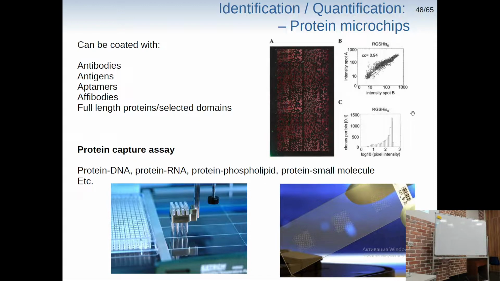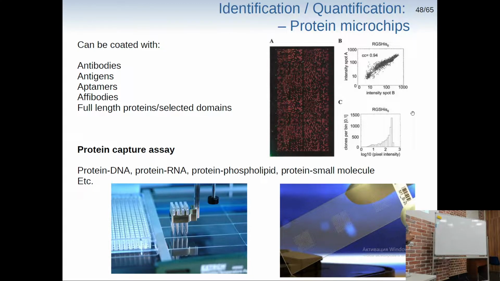As you can see, there's just a 3D printer which has some special holder for pins. Those pins are put in solution and then just make some prints on your slides. Then you can get another set of pins, another set of solution, and so you can print such microchips by yourself. Afterwards, we can use the same technique as was used in ELISA.